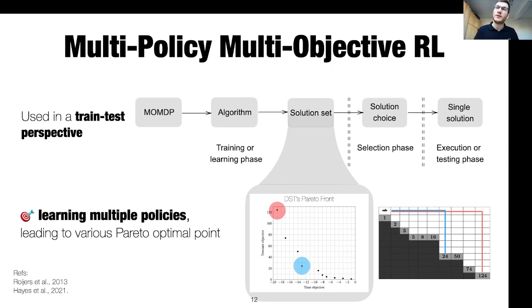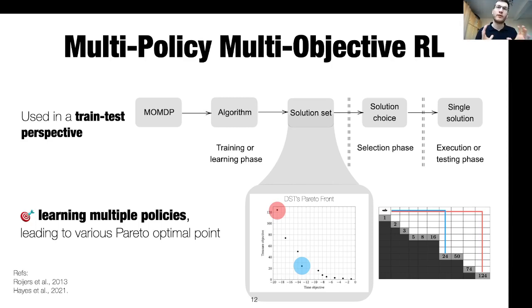So in the selection phase, my user can first choose the blue point, and the submarine will go to the treasure 24. But after a while, the user maybe changes their preference and wants to go to 124. Well, by choosing the red point, the algorithm is able to retrieve the path to the treasure 124, and that is without the need to retrain, which is the big difference with classical reinforcement learning.